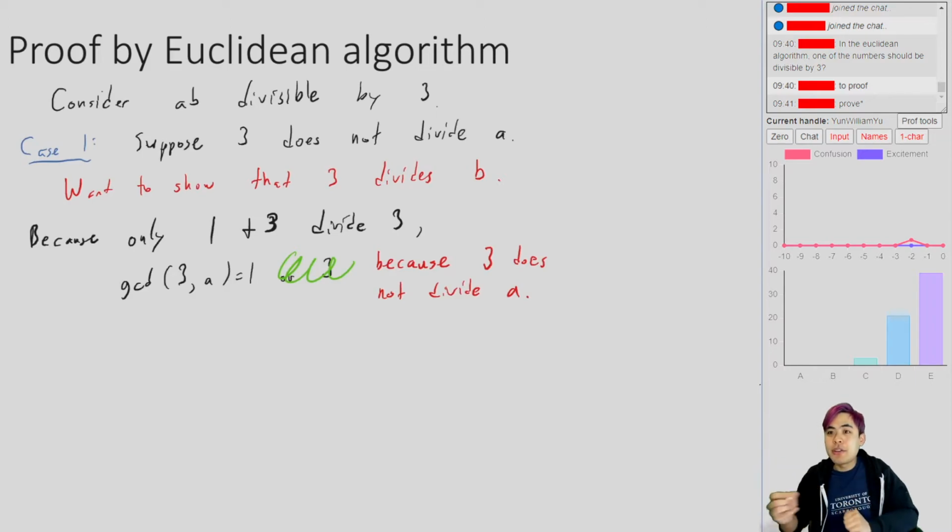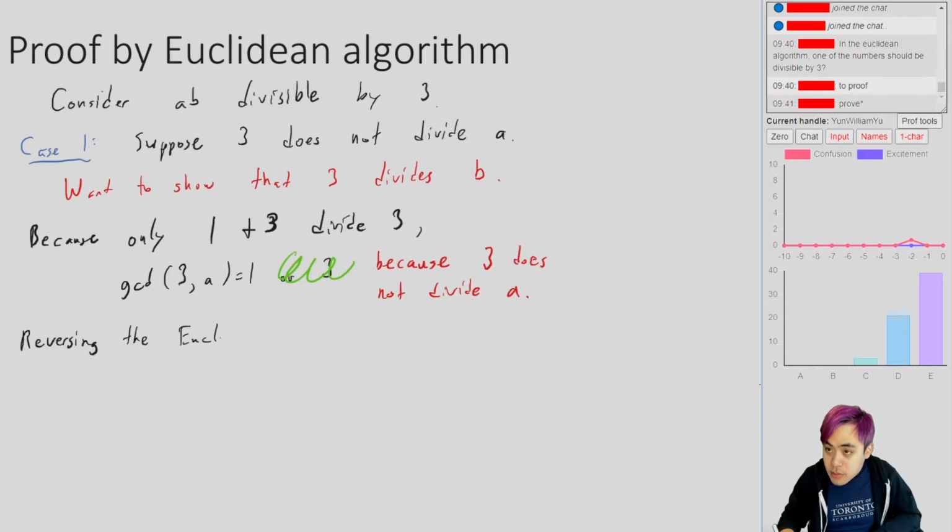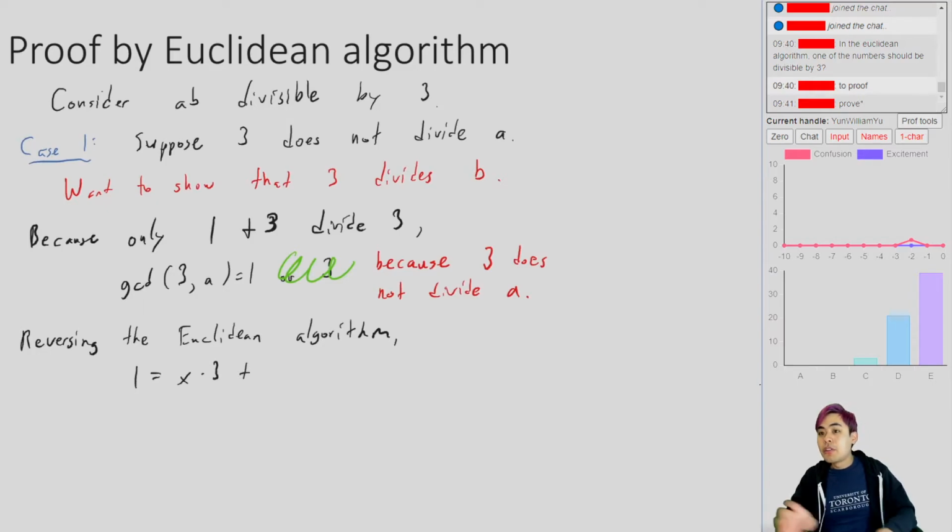So we can now use the reverse of the Euclidean algorithm. Reversing the Euclidean algorithm, we can rewrite 1 as equal to x times 3 plus y times A, where x and y are also whole numbers. Remember, that's one of the things I have you do on the quiz.